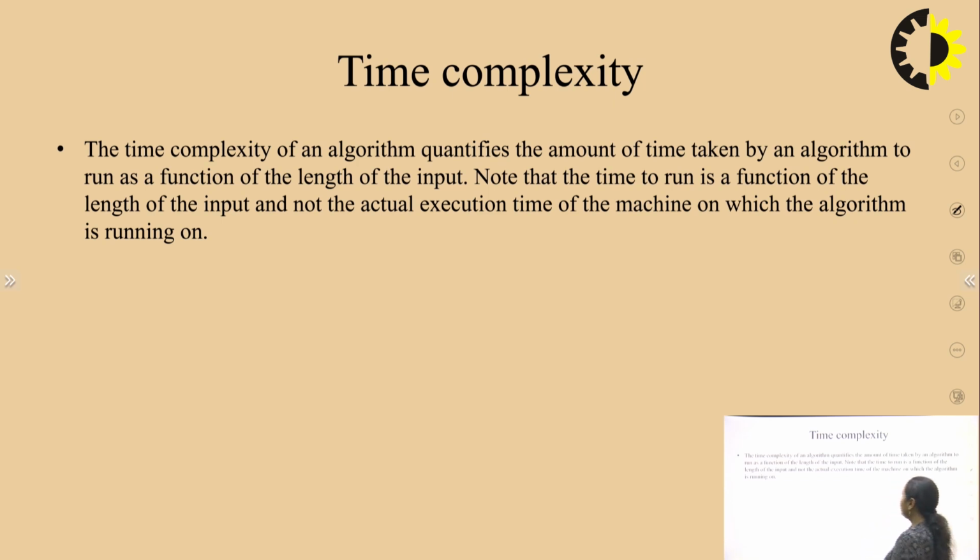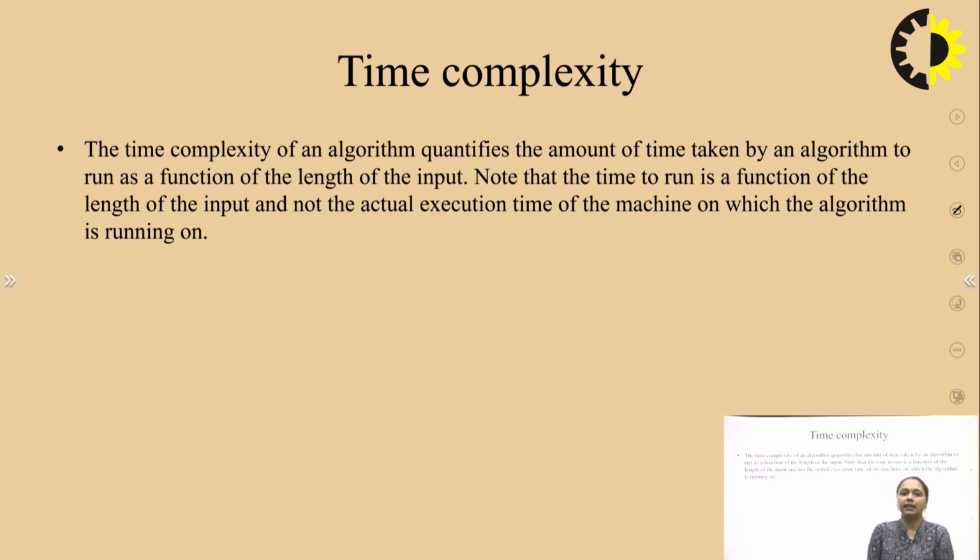Note that the time to run is a function of the length of the input and not the actual execution time of the machine on which the algorithm is running. Actual execution time is based upon the machine, the processor.